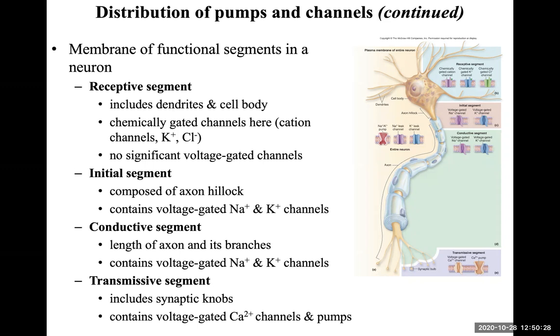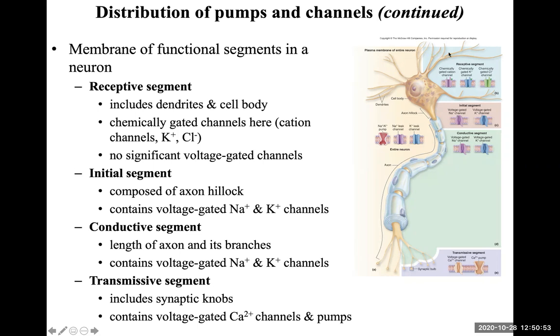I mentioned yesterday that dendrites are the receiving portion of the neuron. When you have a presynaptic neuron synapsing with a postsynaptic neuron, it's the synaptic knob of that presynaptic neuron releasing neurotransmitter into the synaptic cleft that's hovering right above the dendrites of the postsynaptic neuron.